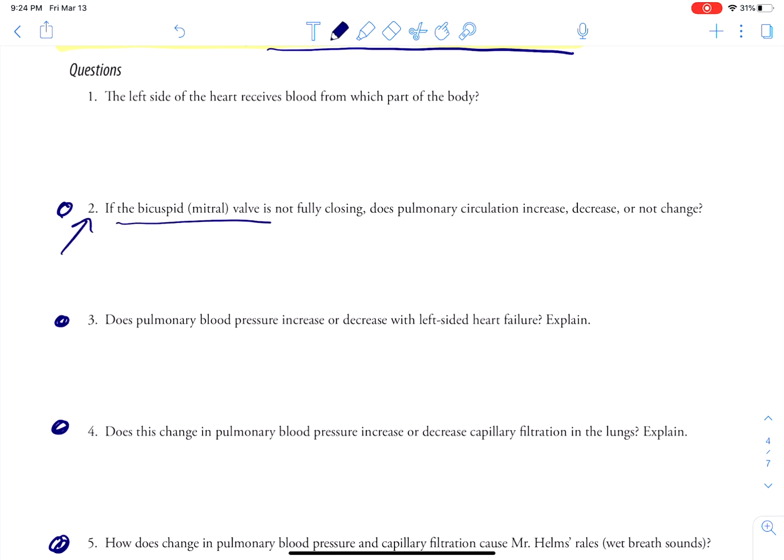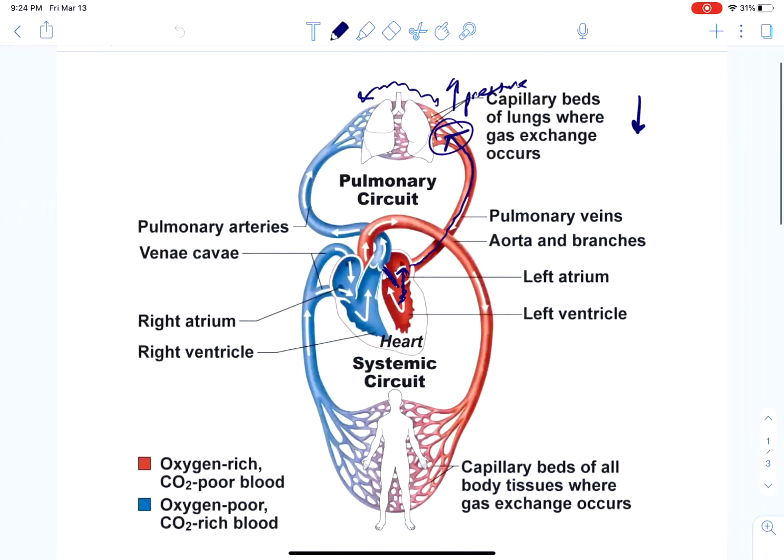If the bicuspid valve is not fully closing, what does that do to pulmonary circulation? Well, let's look at this figure here to deal with that.